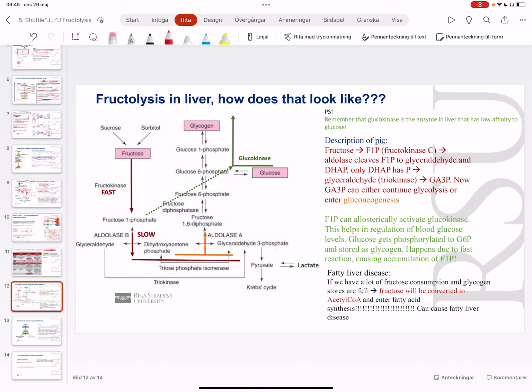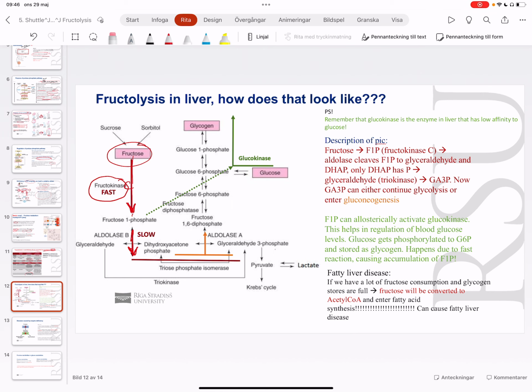Okay, now we can go through this again. So we have fructose. Fructose together with fructokinase, so this is in the liver, with fructokinase C in this case, this reaction is very, very fast. And then we want to cleave fructose 1-phosphate. The next reaction will be slow. So this means that there will be an accumulation of fructose 1-phosphate.